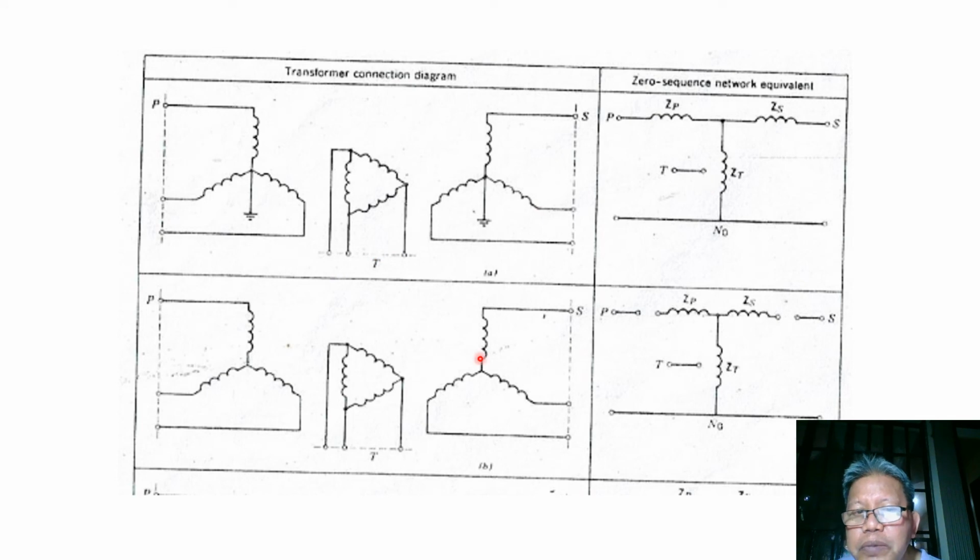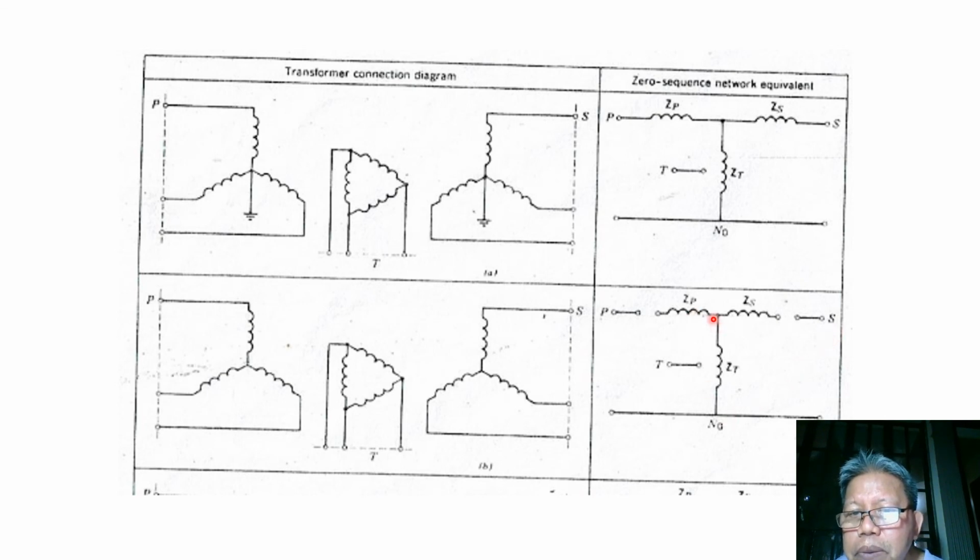So it is open. Now we have ungrounded Y primary, ungrounded Y secondary, and we have the tertiary winding delta. As we have before, for ungrounded Y, zero sequence cannot flow, so we have there an open circuit, and then we have Z sub P, and for the secondary also we have an open circuit with respect to its secondary terminals.